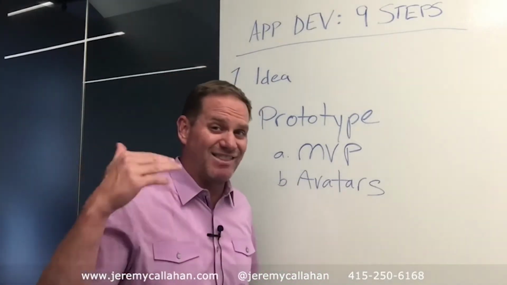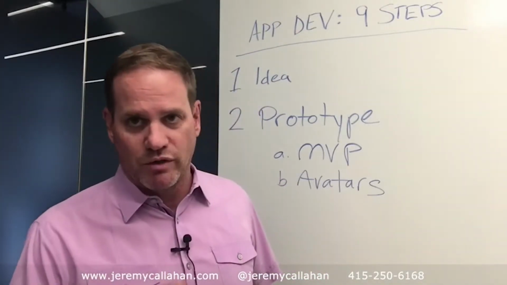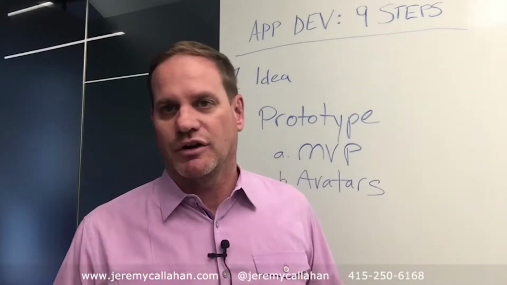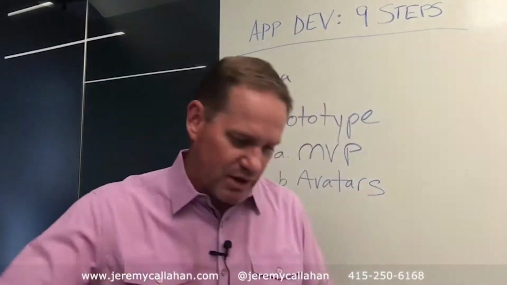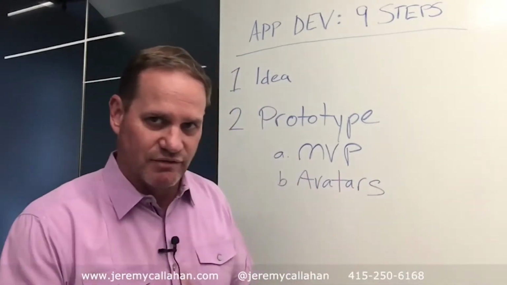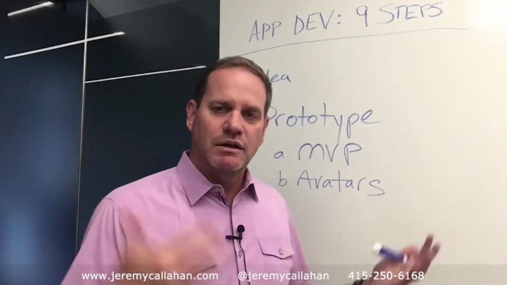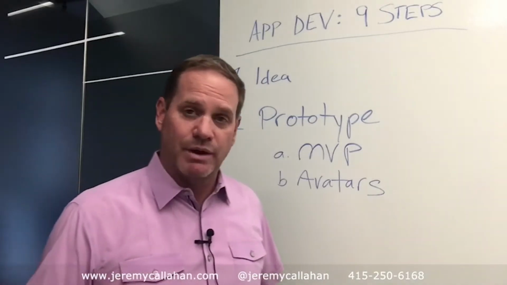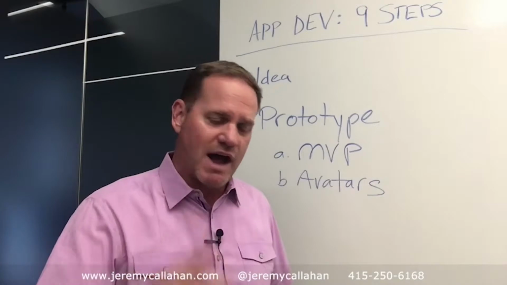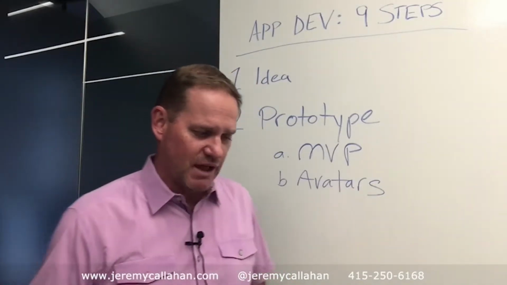You could do a design thinking workshop where you get all the people in your company or the stakeholders of the product to come together, and you actually come up with the problem, come up with the MVP, come up with the customer avatars, all this stuff. So this is just high level stuff. This is the big nine steps to develop a mobile app, but you can see that each one of these is very complex, and we're just hitting them at a high level to give you good information today.